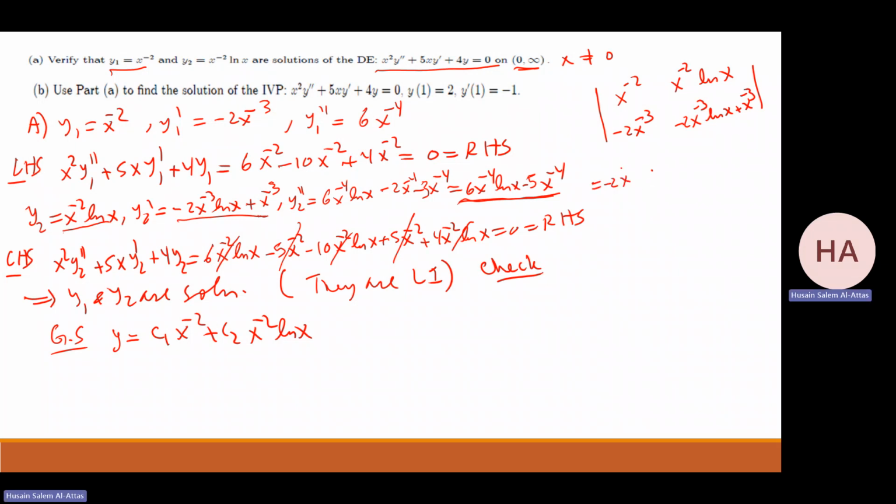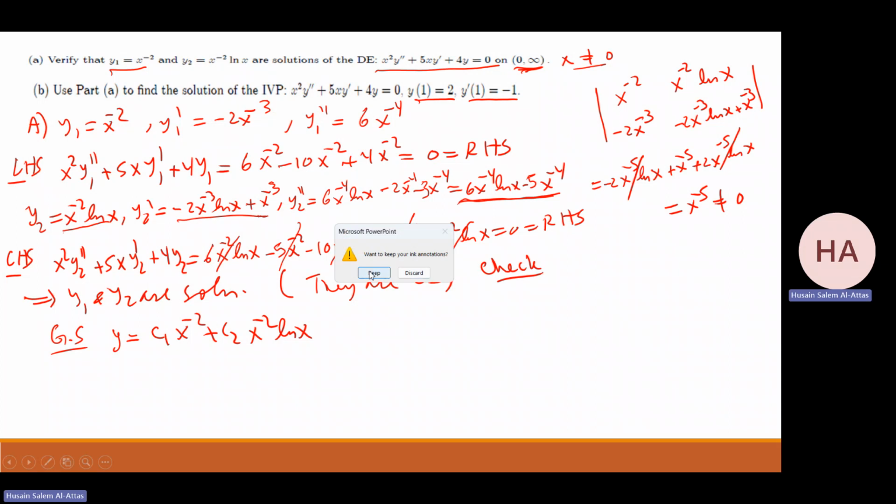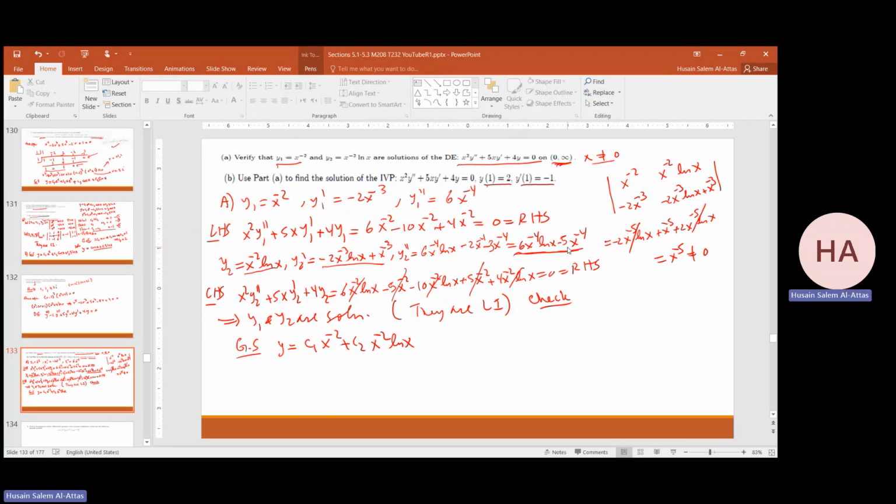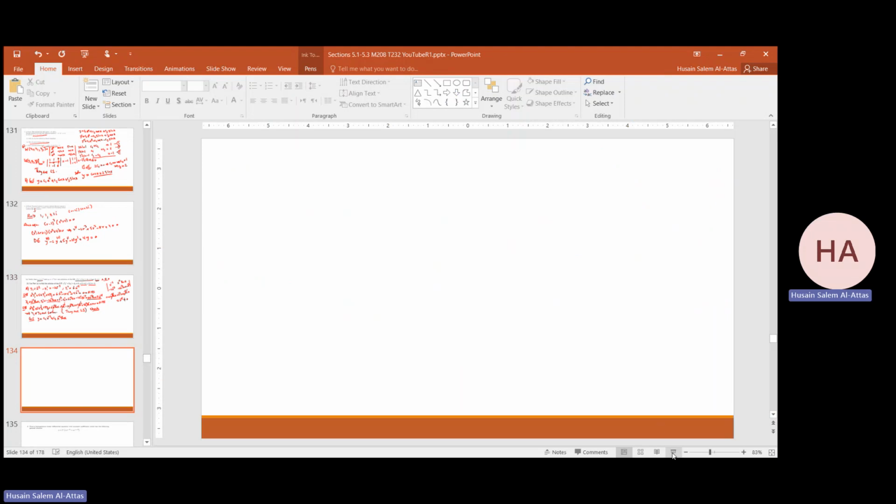The Wronskian will be x to the minus 5, and this is cancelled, which is never 0, since x cannot be 0; actually x is positive. So they are linearly independent. Now we need to take these two conditions to find the constants. Let me give a space, then I will stop.